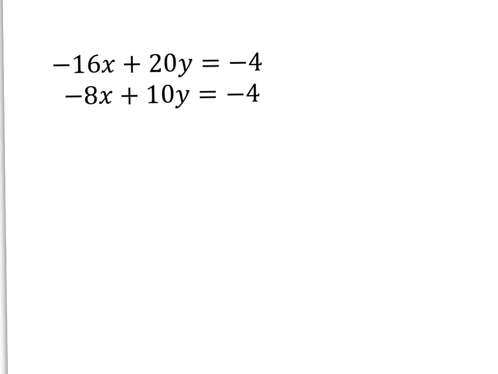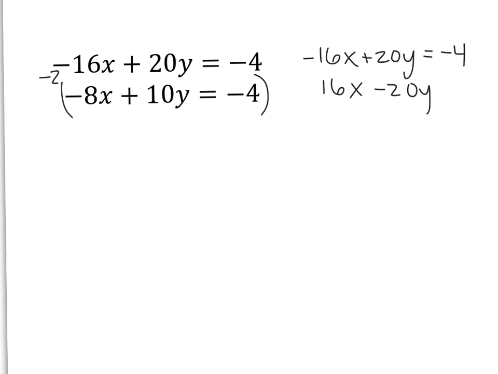So instead of first adding, I am going to multiply the second equation by -2. So the top equation stays the same. The bottom equation will change to 16x minus 20y equals 8. And I'll go ahead and add the two.